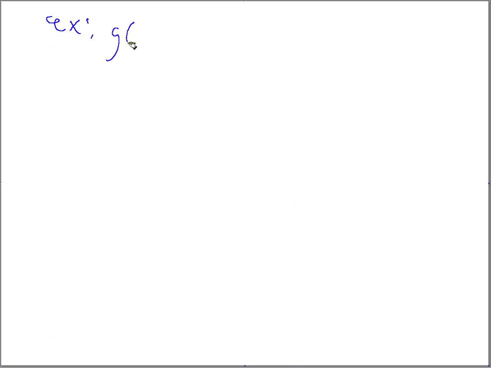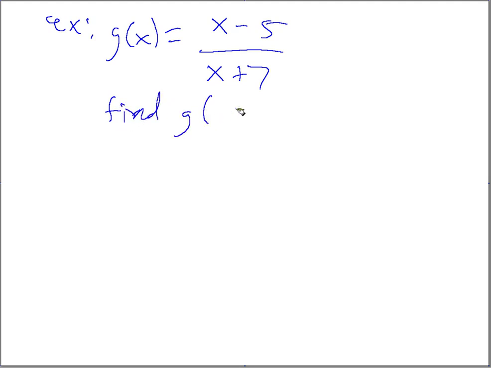Let's say g of x is equal to, let's say, (x minus 5) over (x plus 7), for example, right? So let's go ahead and find the following function values. Let's find g of 9.